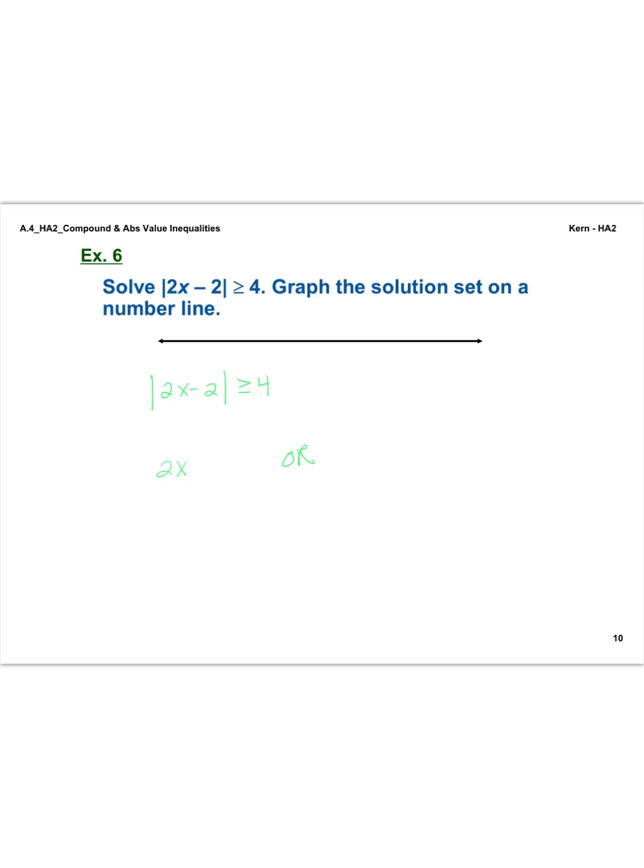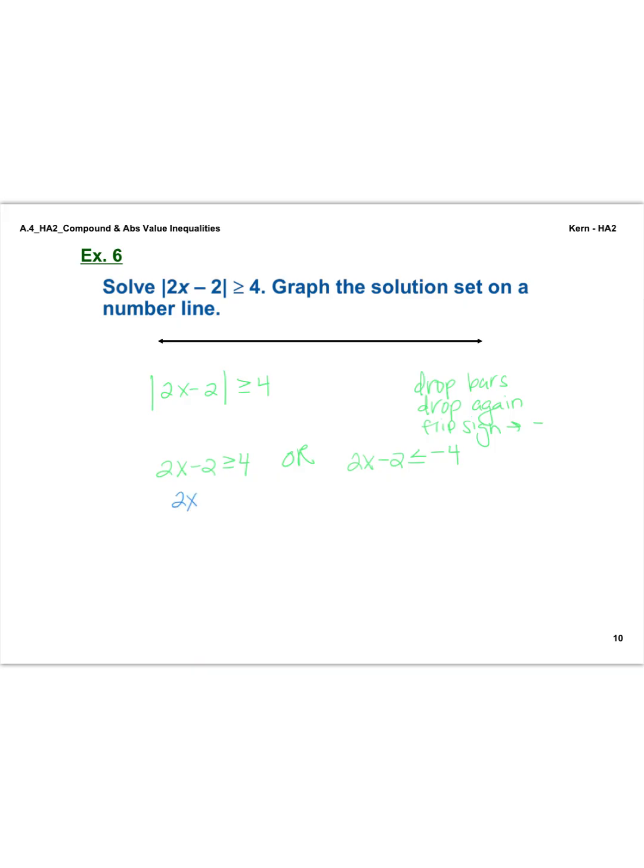Drop the bars, and then drop the bars again, flip the sign, set equal to the negative. So drop bars, drop again, flip sign, change to negative. Okay, now we just solve.